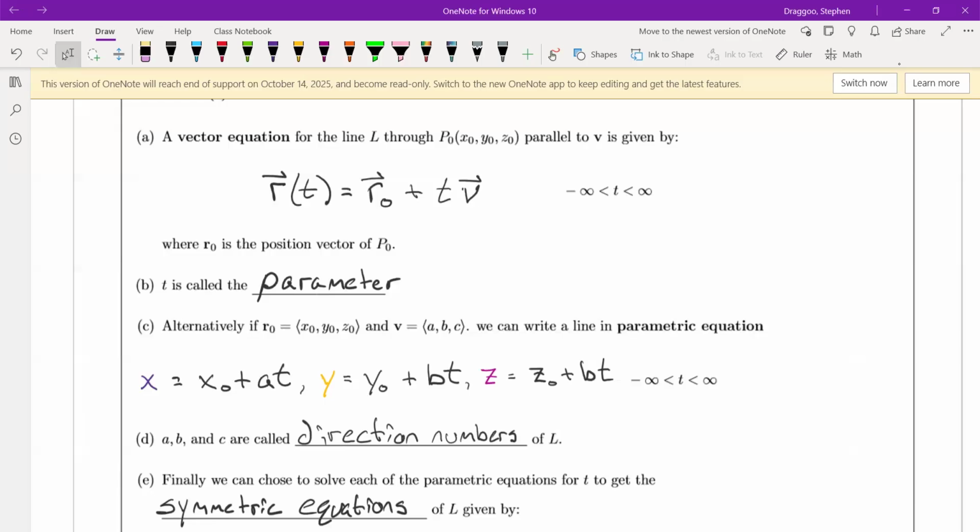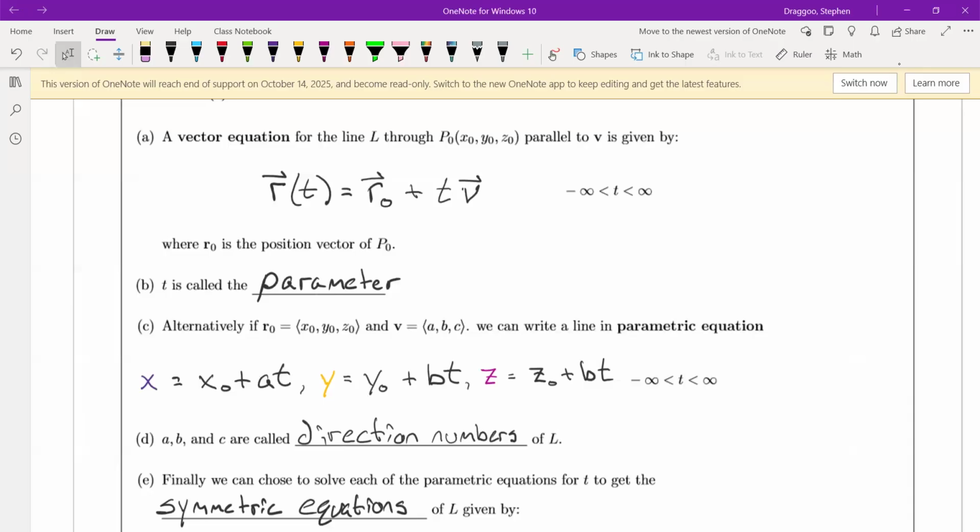Because one other element I want to add here. While I might want to talk about this line existing in 3 space, in all 3 dimensions, which means there's an x, a y, and a z component out there, this line is still a one-dimensional object. Right? If I'm on the line, I can only move in a single direction. I can go forward or backward.